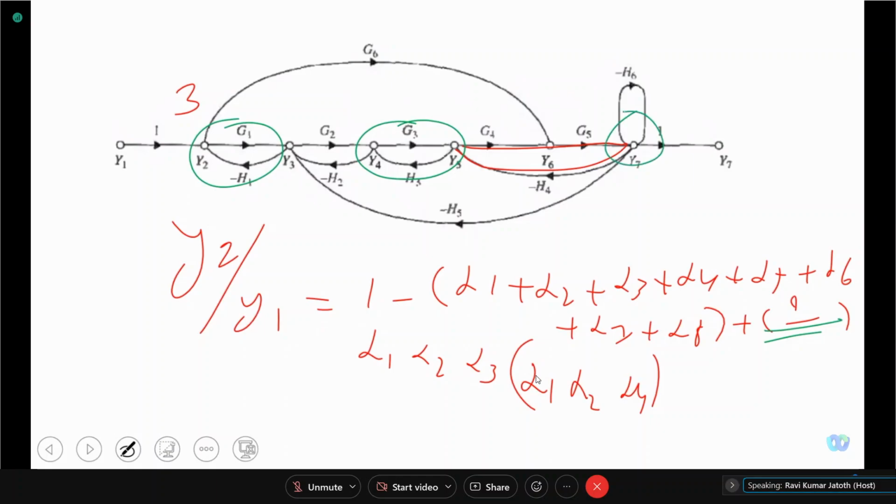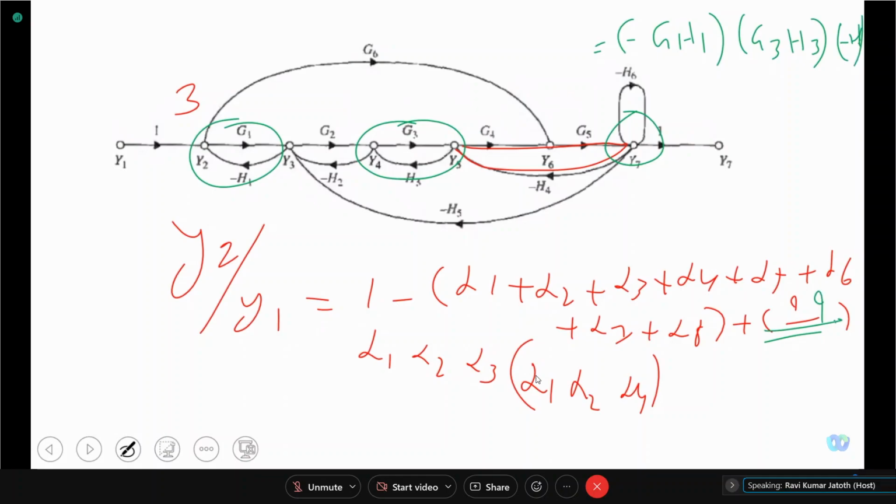So here we have to write the product. What is the product? Minus G1 H1 into minus G3 H3. H3 is not minus, no. Yes, sir, right. Into minus H6. That term should come here.